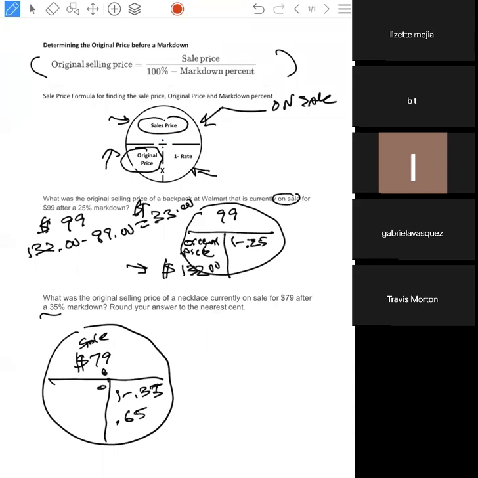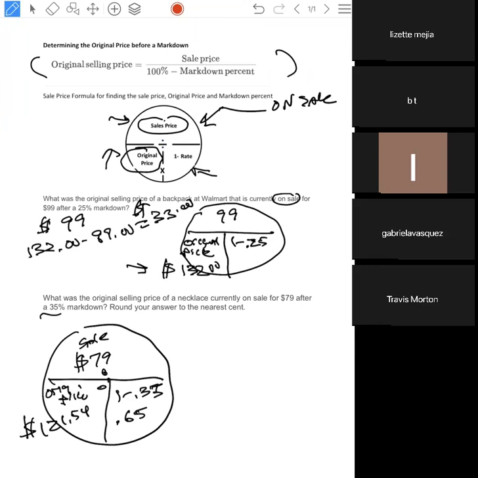So I'm going to divide those two, and that's going to give me my original price. So what's that one? 121.54. So $121.54 was what I originally priced it for, but I marked it down by 35%. So therefore, my sale price is $79.